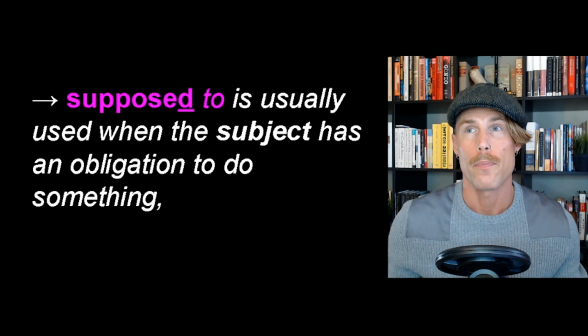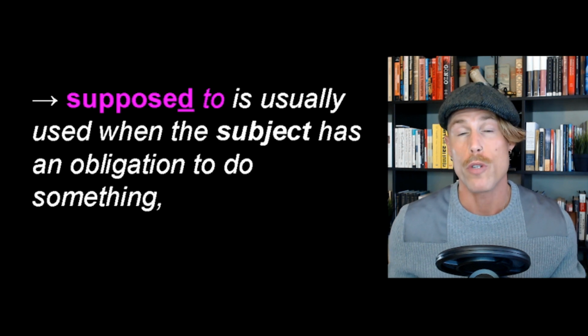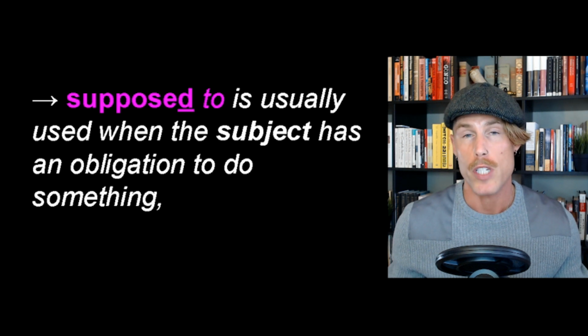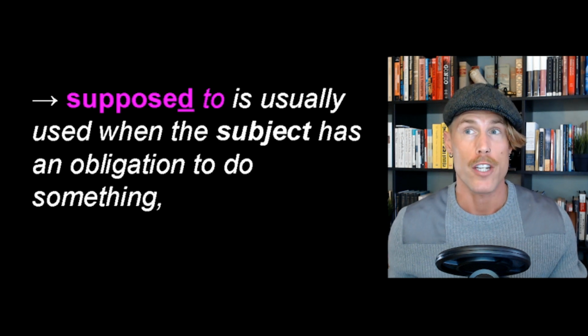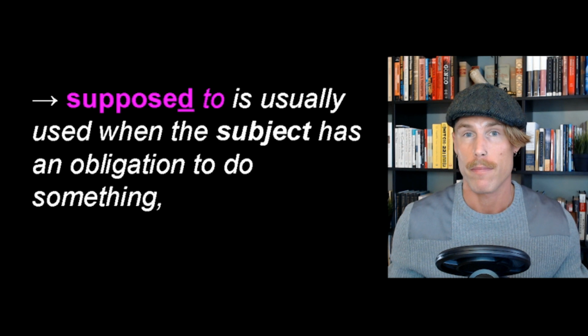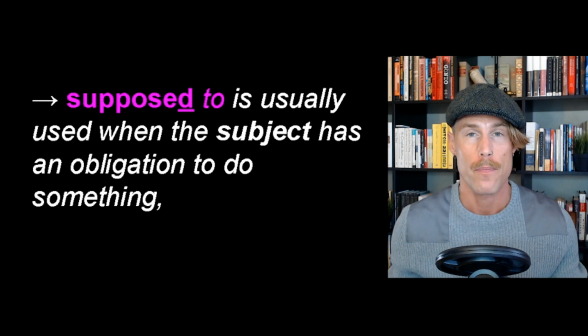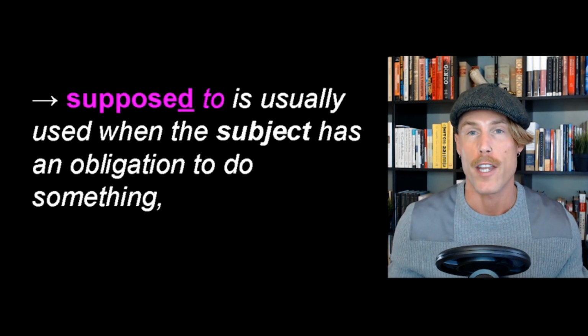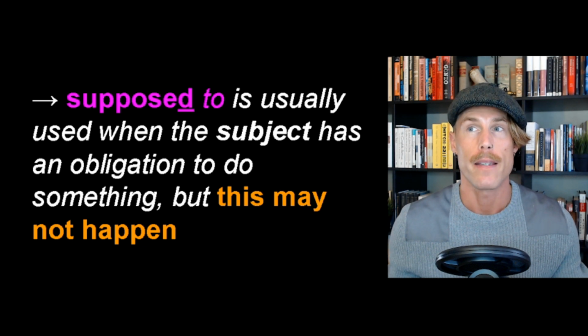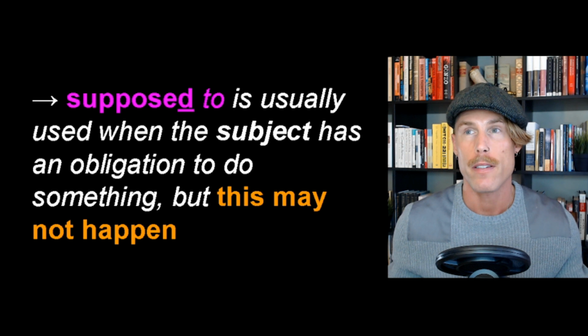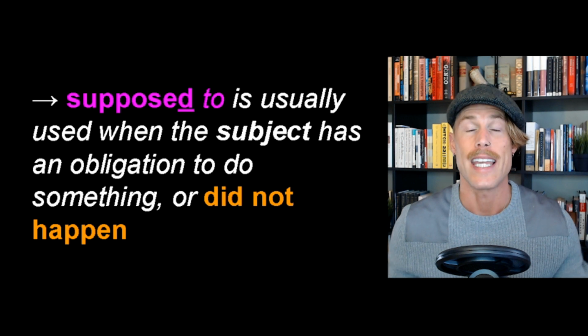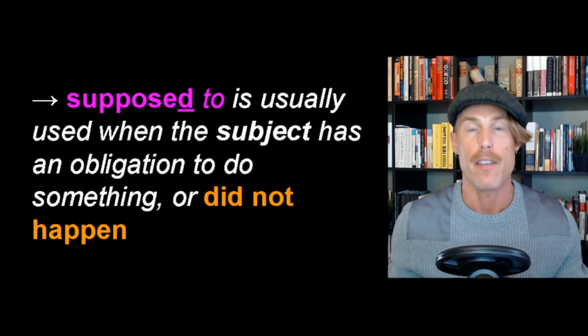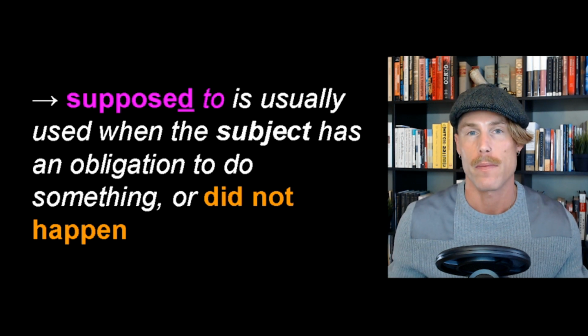So, supposed to is usually used when the subject has an obligation to do something. Okay, we know this. Let's add more information. But this event, this action, this obligation may not happen, or it did not happen if we use the past tense. Okay?